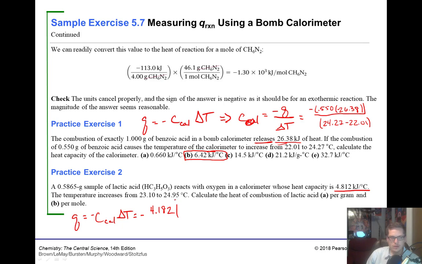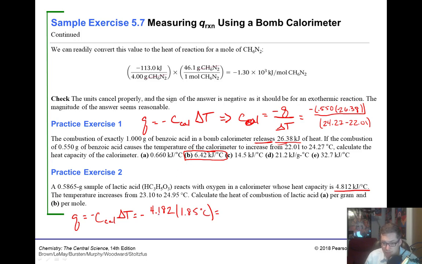So it's negative 4.812 times our final minus our initial, 24.95 minus 23.10, which is a difference of 1.85 degrees Celsius. That gives us our energy release. So we take negative 4.812 times 1.85. Sorry, I flipped those numbers at first.